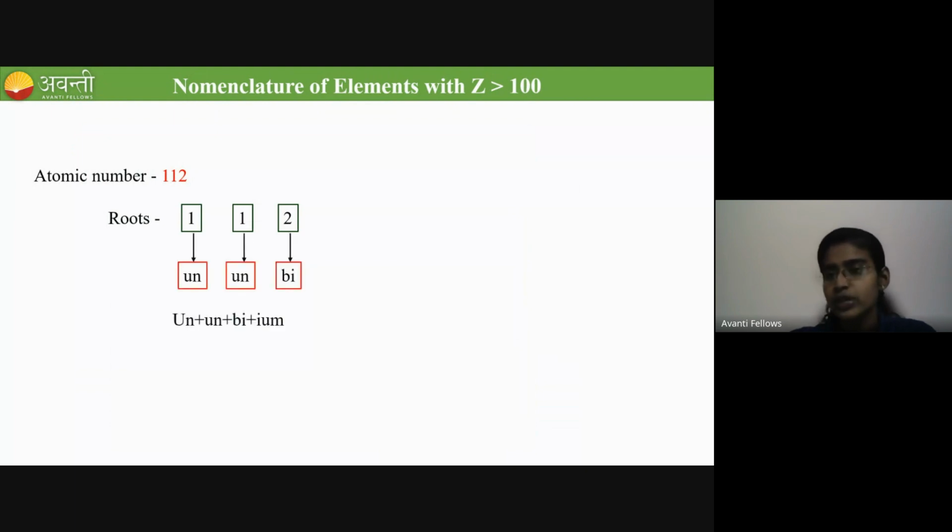So we name it un, un, bi, and in the suffix we use ium. So the name is ununbium. Got it? And for the symbol, I take the abbreviations U, U and B and just connect them. That will be the symbol for that element. Got it?